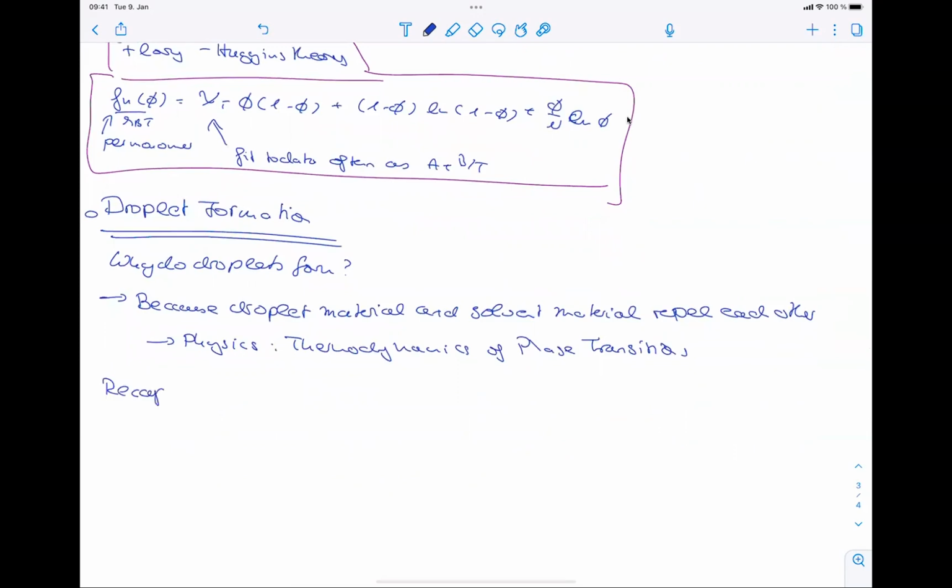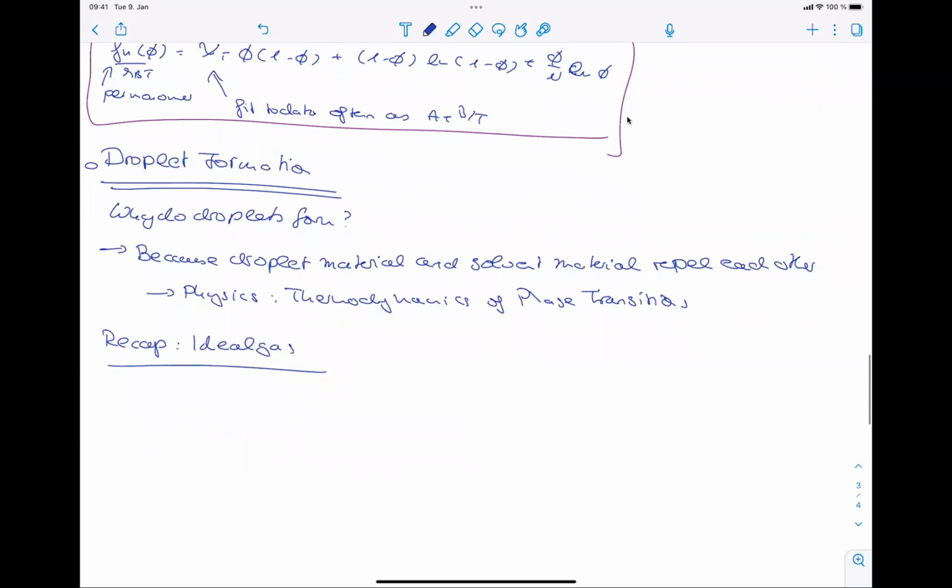So as a short recap, the ideal gas, the free energy, in this case would be kBT and ln n over V plus A, where this state, because the free energy doesn't account for energetic interaction, is counting the entropy, namely the number of accessible states.